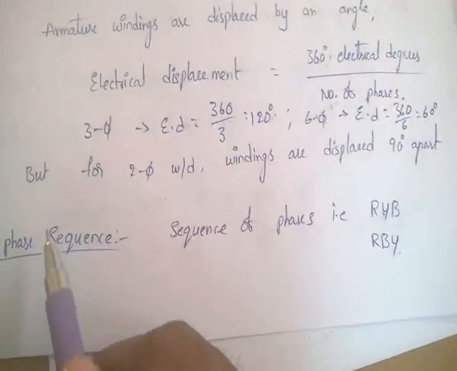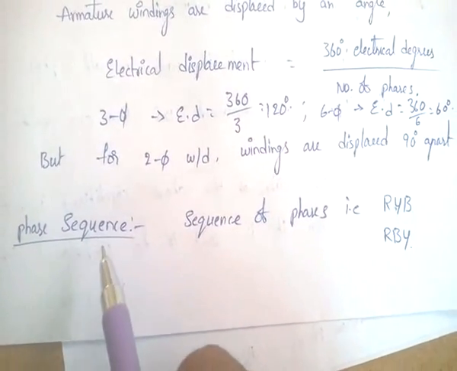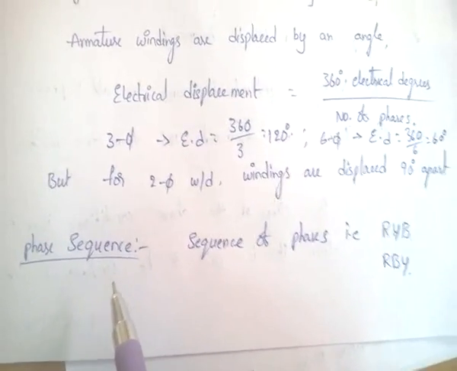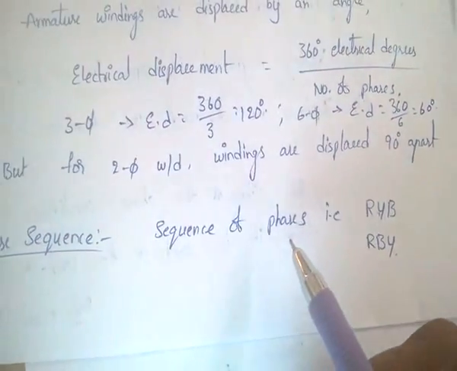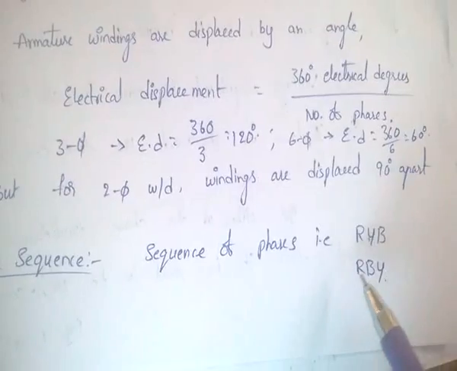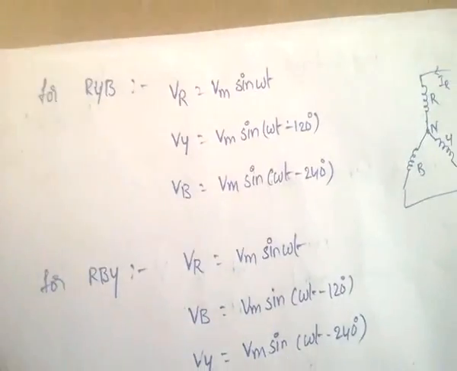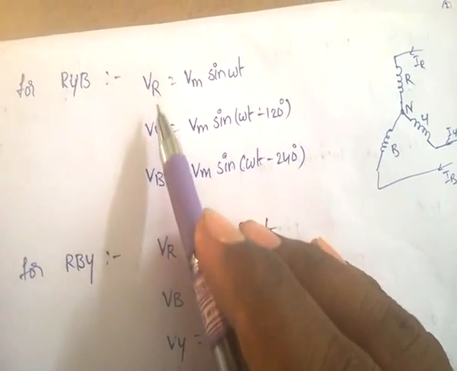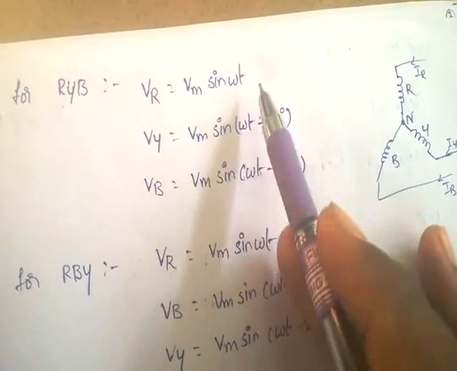Next one, phase sequence. What is a phase sequence? It is the sequence of phases. We know for three phase, the three phases are R, Y and B. The phase sequence is either RYB or RBY. In case of RYB phase sequence, VR, the R phase voltage, equals Vm sin omega t. Take it as the reference.